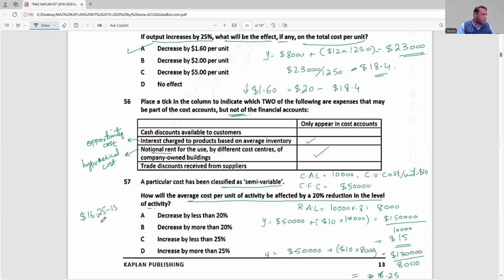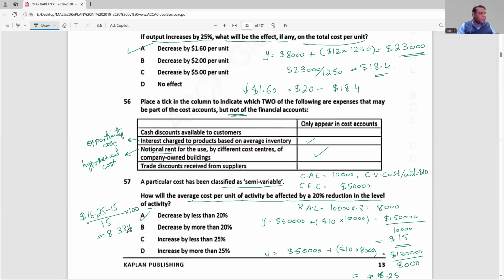16.25 minus 15 divided by current 15 into 100. Cost is increasing by 8.33%.